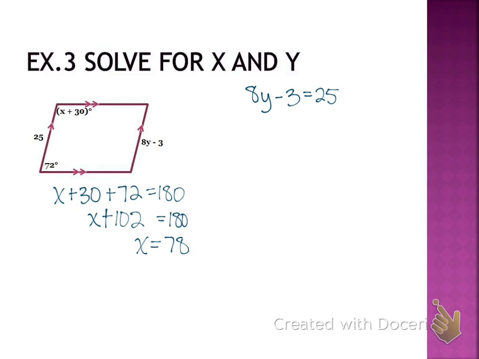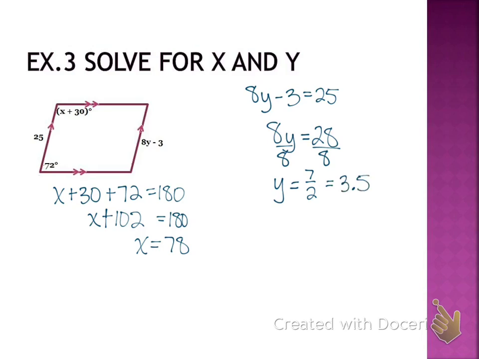Okay, to solve that, we would need to add 3 and then divide by 8. Let's see, those are both divisible by 4. So you could say 7 halves, or as a decimal, 3.5.